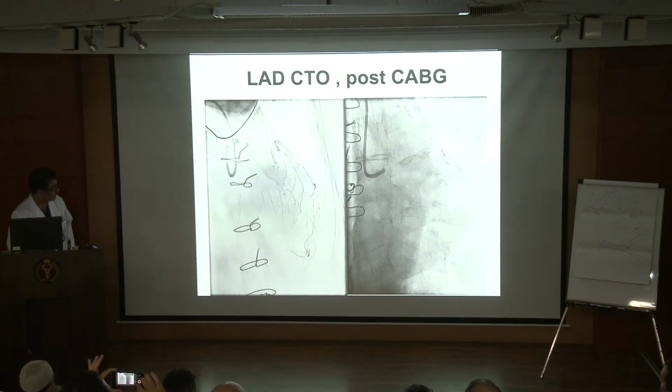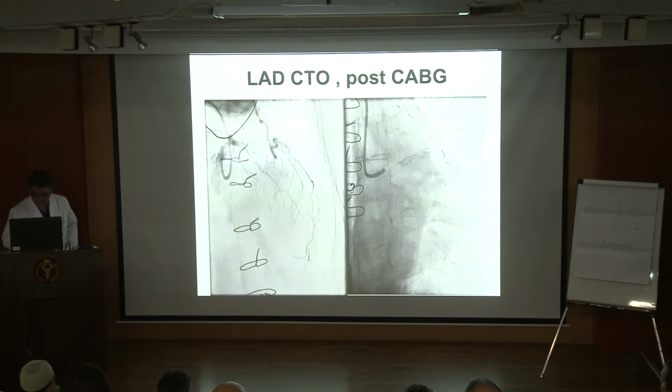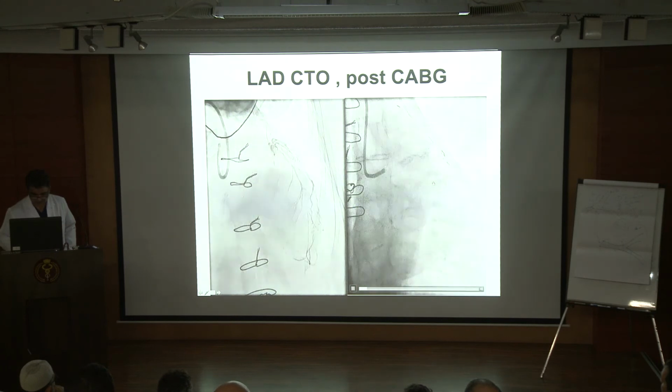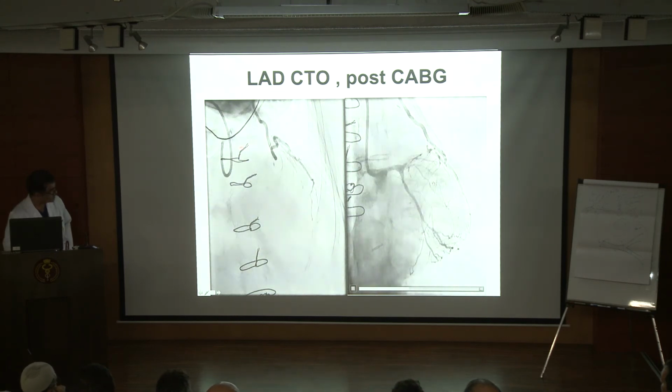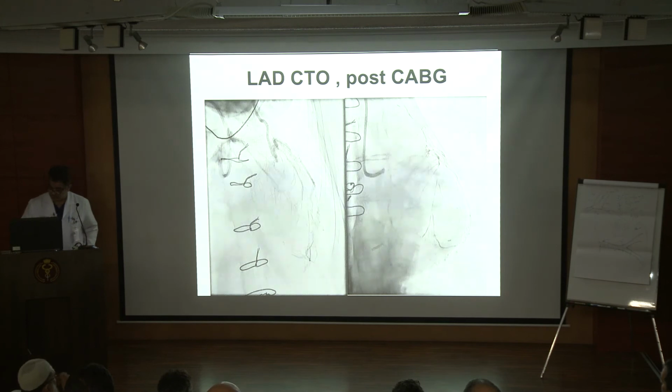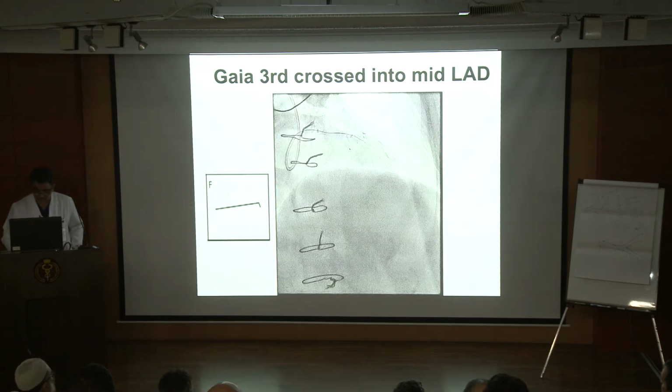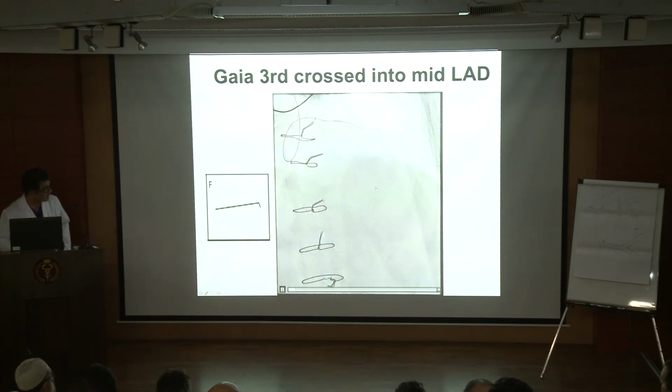This is a post-CABG CTO LAD. I think there's a stent in here. You know the vessel course. The cap is not ambiguous. Take the Gaia. You find some resistance.